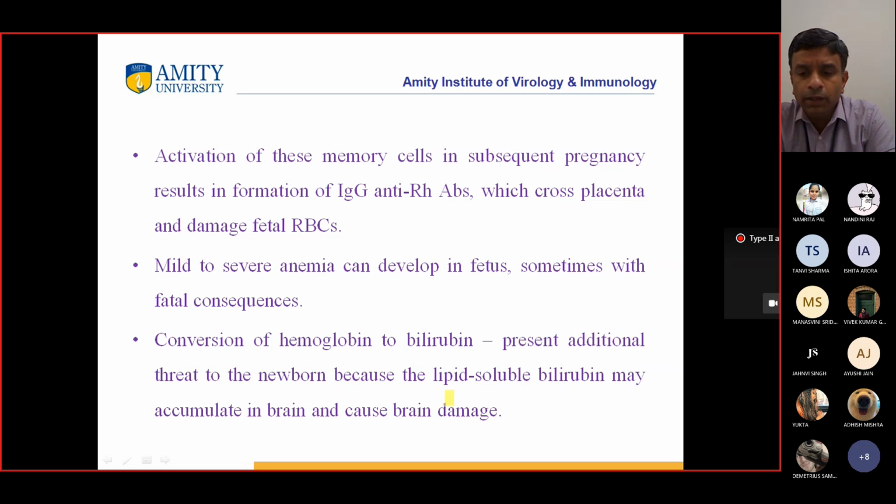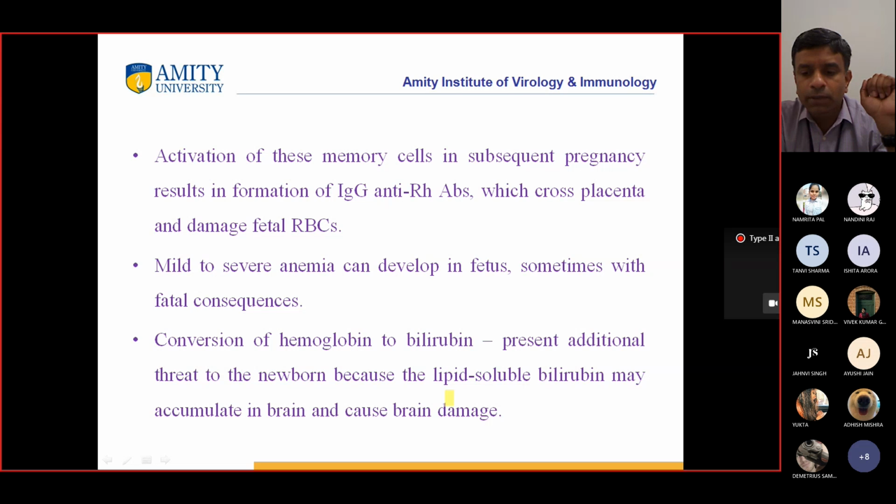Now there is another problem: the conversion of hemoglobin to bilirubin, right? When the RBCs break down, hemoglobin comes out and is broken down into bilirubin, right? So that presents an additional threat to the newborn, right?